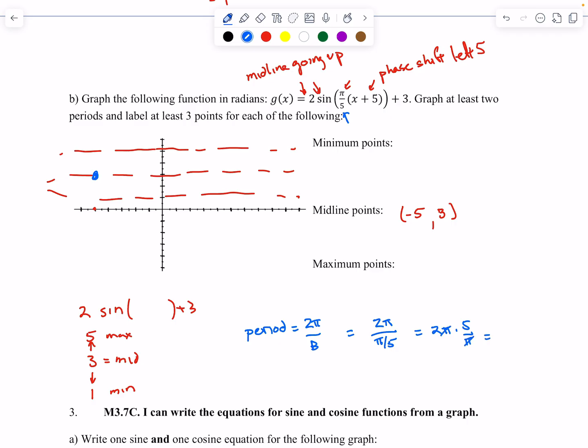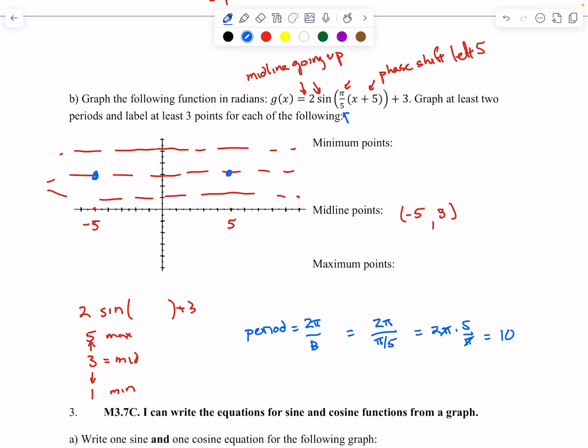Pi's cancel, 2 times 5 is 10. All right, so the period is 10. So in 10 units, from -5, 10 units to the right of that is at +5. I'm doing exactly the same thing. I'm in the middle of going up.